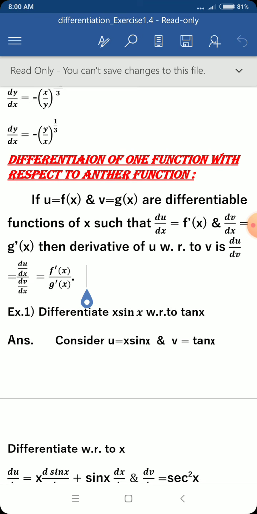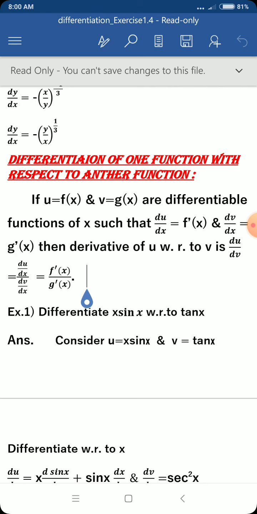Then the derivative of u with respect to v is du upon dv equal to du upon dx upon dv upon dx equal to f dash of x upon g dash of x.